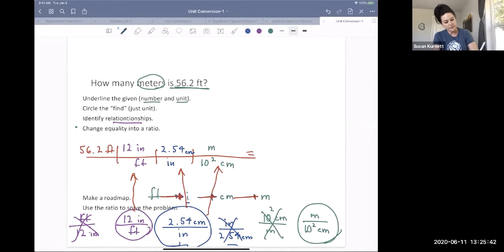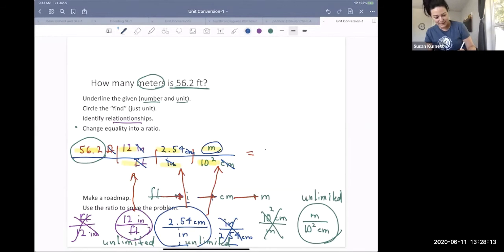Feet cancel feet, inches cancel inches, centimeters cancel centimeters, and we only have meters. Calculator: anything that's in the numerator, I'm going to multiply by, and anything that's in the denominator, I'm going to divide by. 17.12976 meters, round to 3 sig figs, 17.1 meters is our answer.